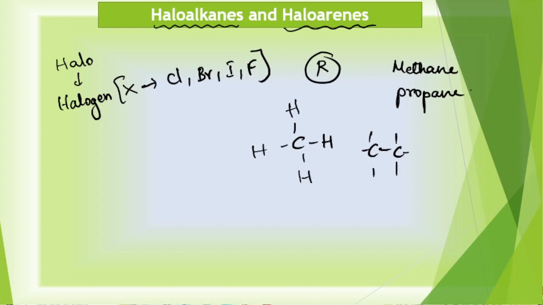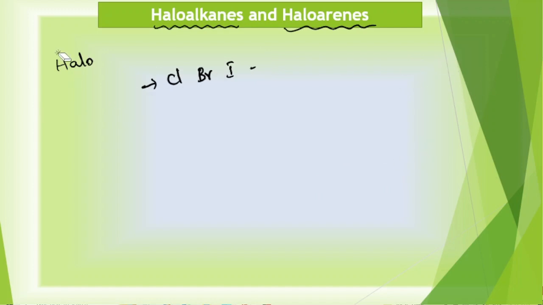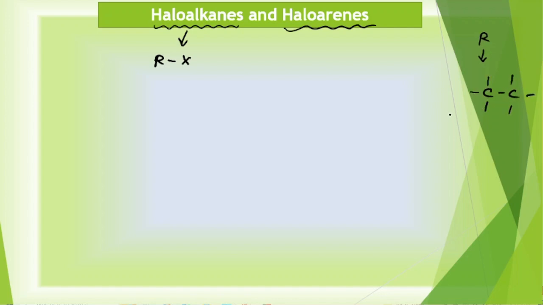Now what is the definition you can write for haloalkanes? Haloalkanes can be represented as RX. R is nothing but one carbon or two carbon, any number of carbons attached with certain hydrogens.